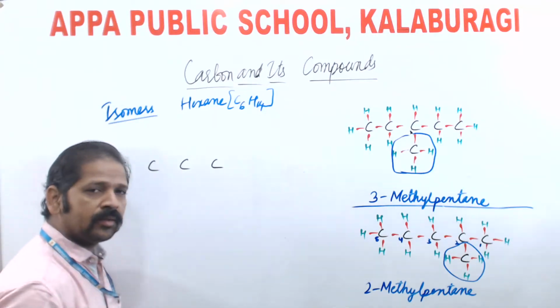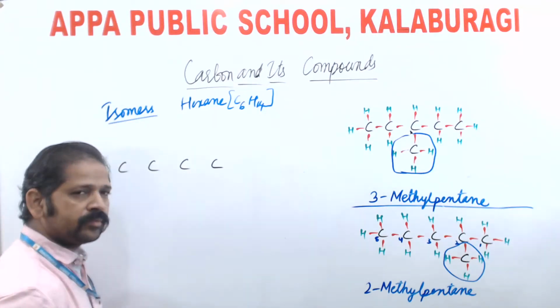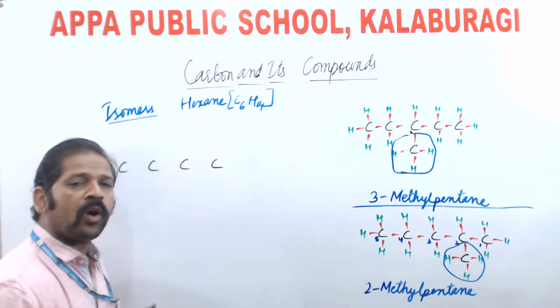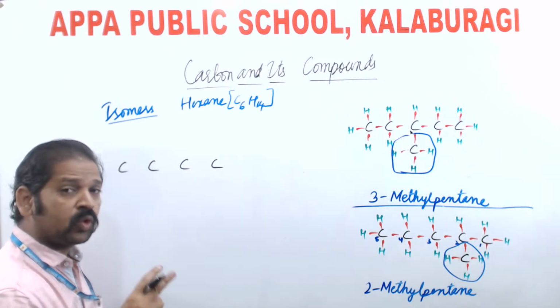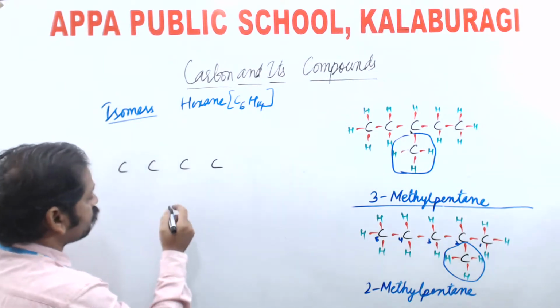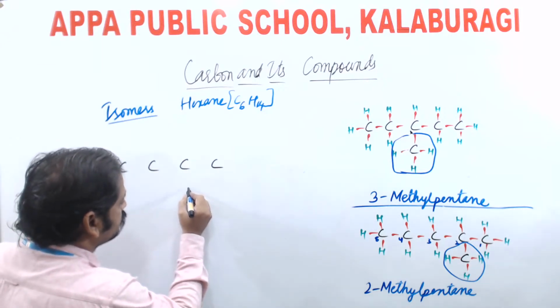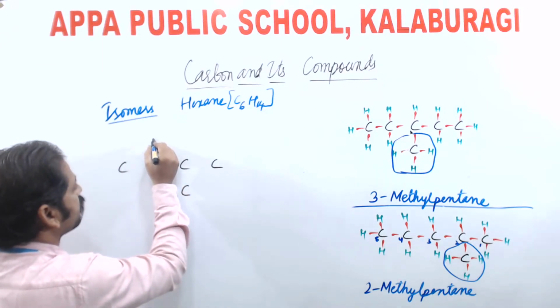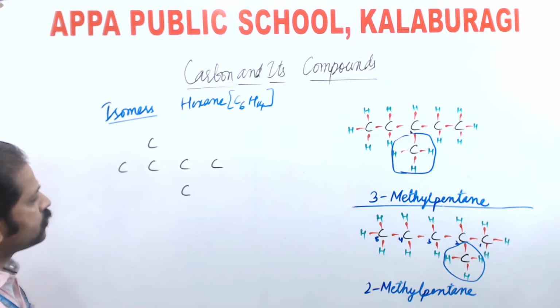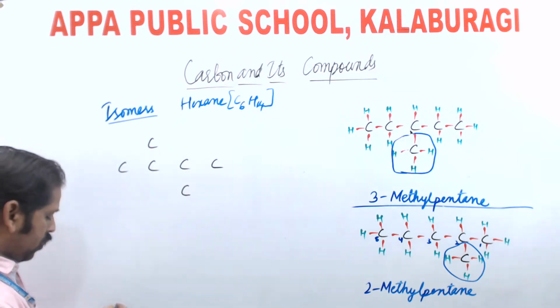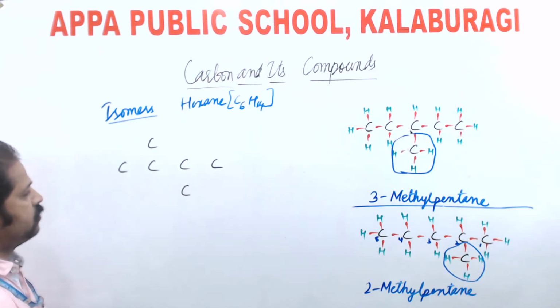Four are the main parent chain. Two are functional groups now. One is here, one is here. Yes, two are functional groups.